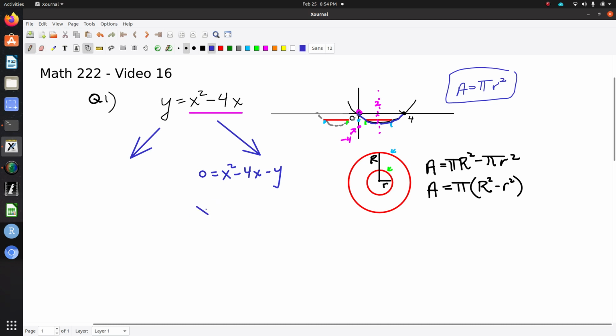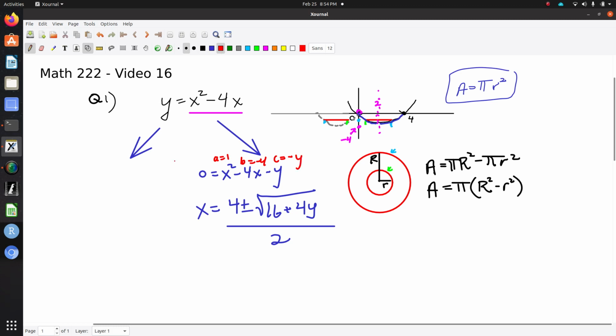So x equals negative b plus or minus the square root of b squared minus 4ac, all over 2a. And a is equal to 1, b is equal to negative 4, and c is equal to negative y.